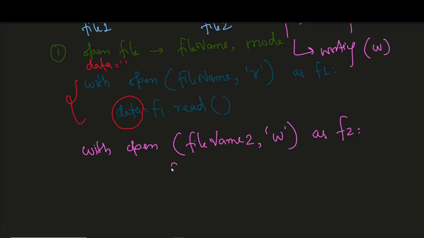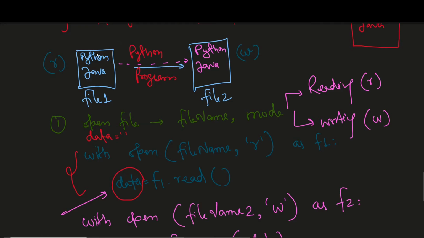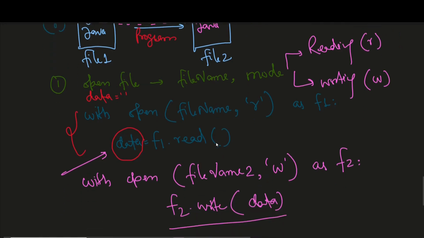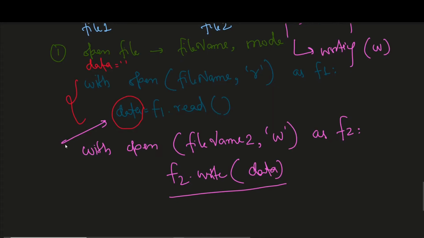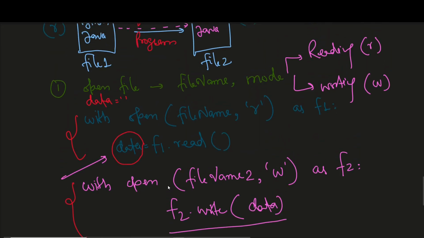Then we use f2 dot write, and pass the data which we have got here, and this statement will write all the data from this file to this file. We don't need to close this file because we are using the with statement, and now the program is done, right?